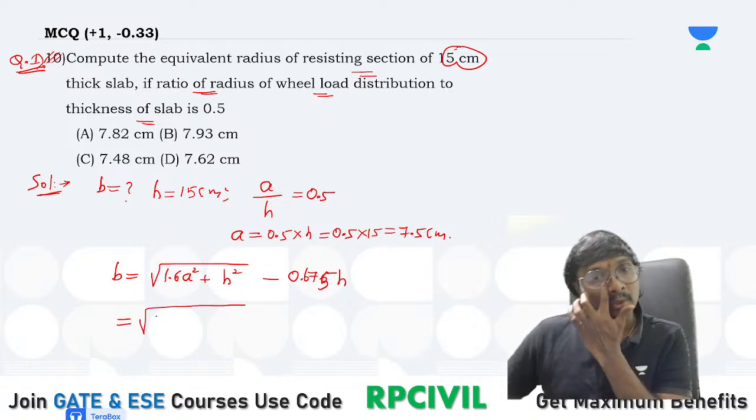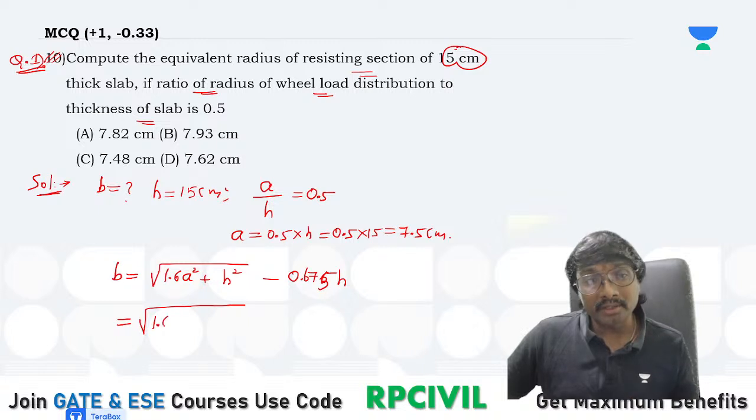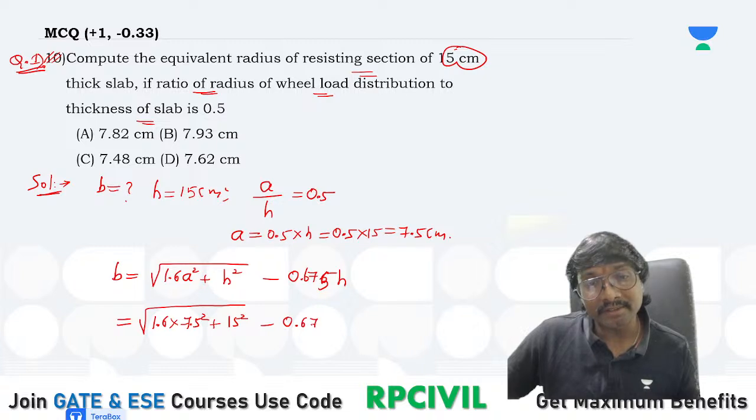Now how much will it be? 1.6 into a square, that is 7.5 square, plus h square, that is 15 square, minus 0.675 into h, that is 15. How much does it come to be? That small b value finally comes to 7.623 centimeters.